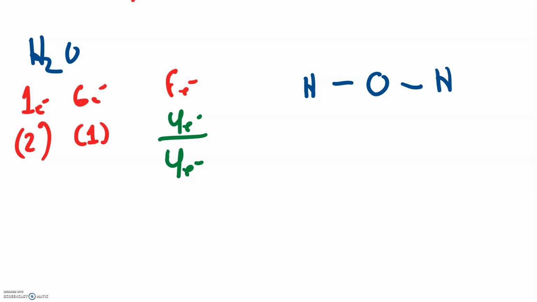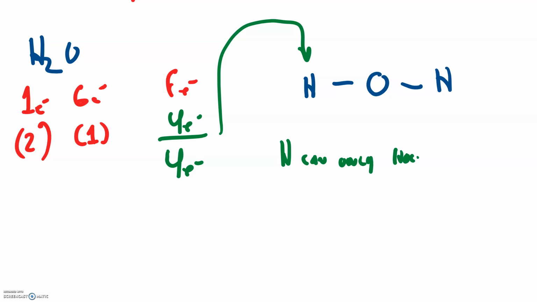We have 4 left. Now normally we'd fill up the outermost atom's valence electrons, but the hydrogens can only hold 2, remember. So we can't put these extra electrons in the hydrogen.